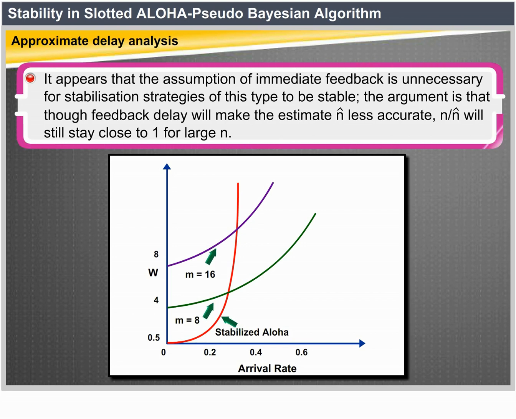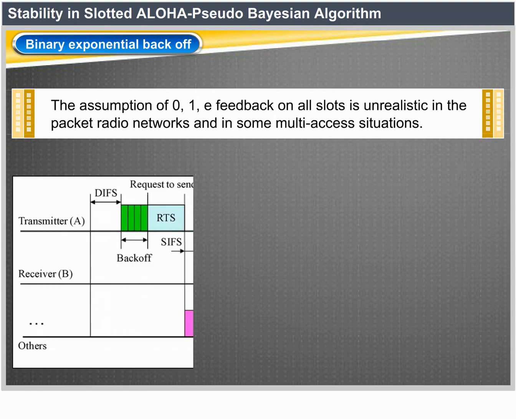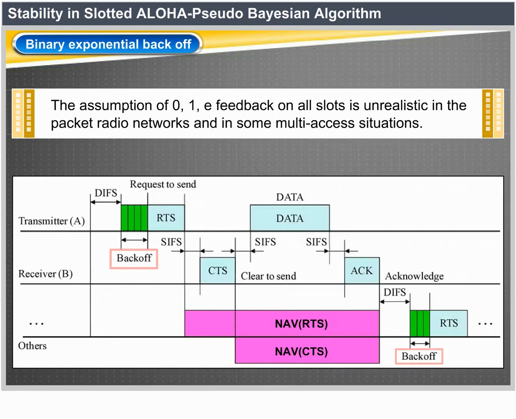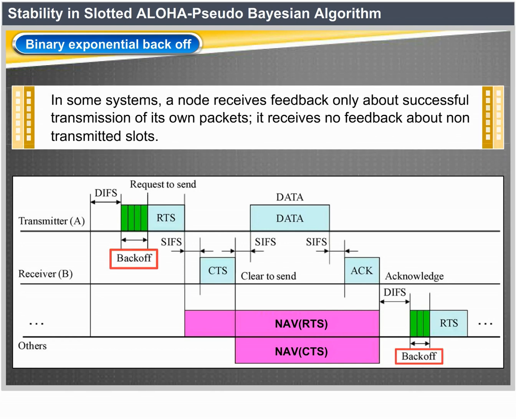Binary exponential backoff. In packet radio networks and in some other multi-access situations, the assumption of 0, 1, e feedback on all slots is unrealistic. In some other systems, a node receives feedback only about whether or not its own packets were successfully transmitted.